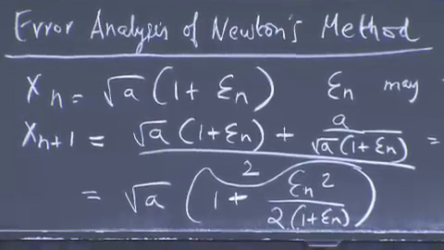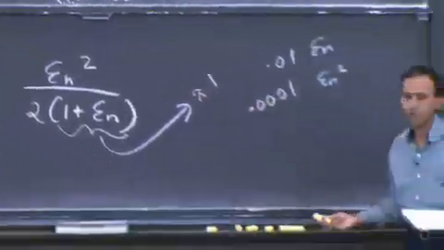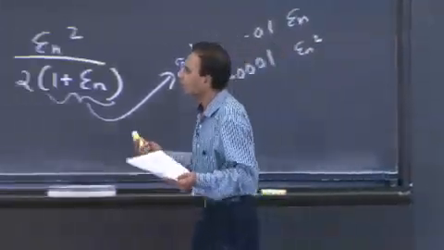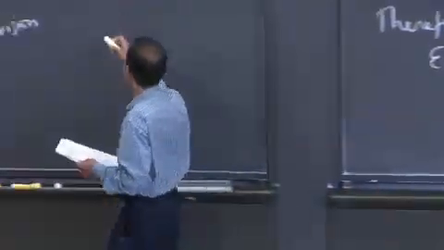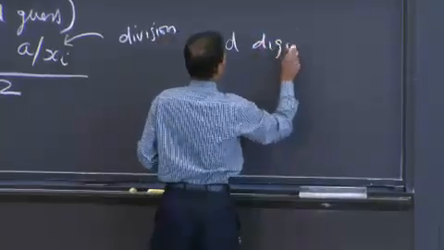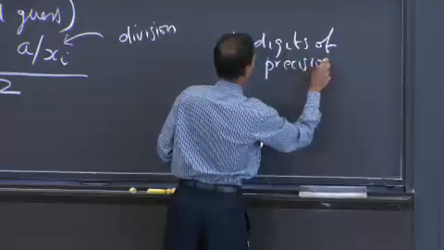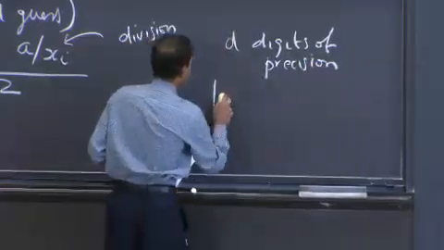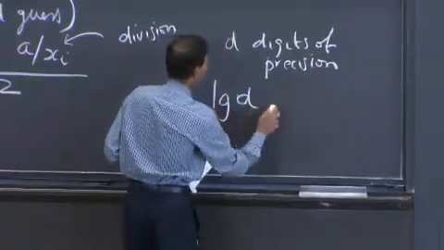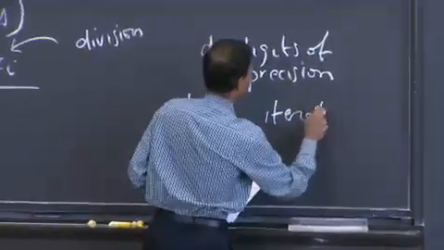Great. So if you have the quadratic rate of convergence, if you want to go to d digits of precision like I have here, you can argue that you need log d iterations.